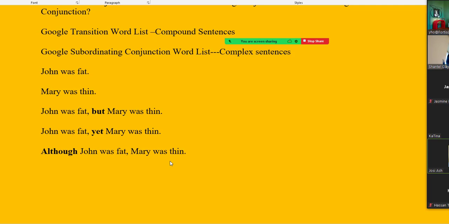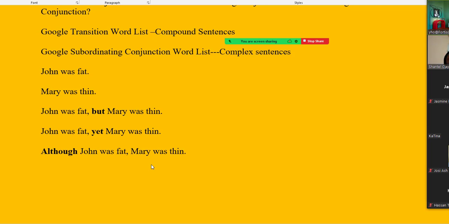Subordinating conjunctions, yes. So this is a subordinating conjunction because when you just have John was fat, that is an independent clause. As soon as you add the word although, that renders it a dependent clause. So therefore, as soon as you have a dependent clause, then you need Mary was thin in order to complete the sentence.